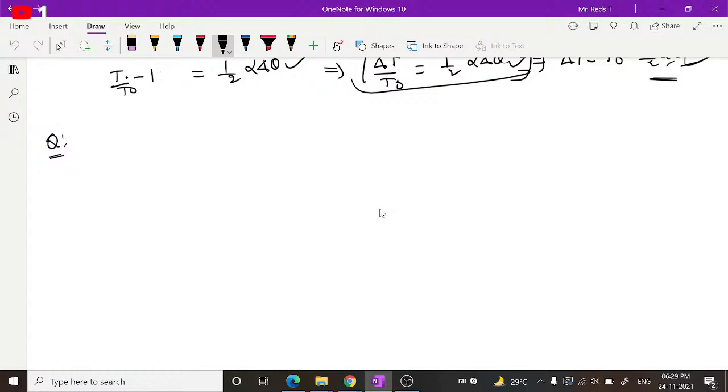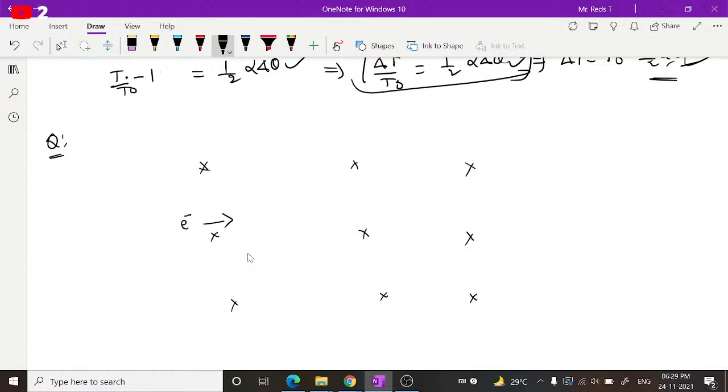So let us try to understand. Proton and electron simultaneously enter into a uniform magnetic field. Let's say this is the uniform magnetic field acting into the plane, the cross. In this region, the electron enters here normal to the magnetic field, and the proton also enters.